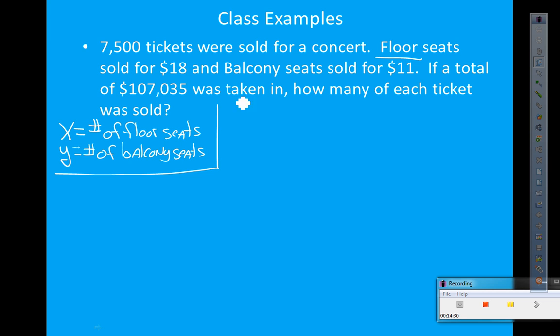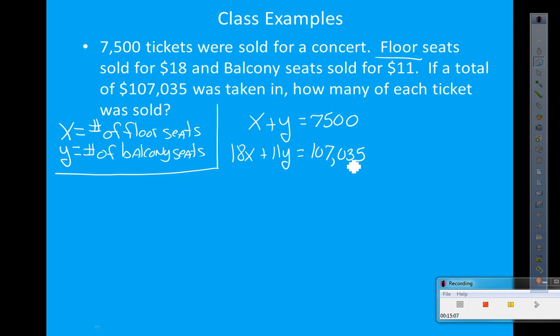Here comes my equation. The number of floor seats plus the number of balcony seats, I know that's a total of 7,500 tickets or seats. Now let me put some money into it. Floor seats cost $18, balcony seats cost $11, and we brought in a total of $107,035. So there's my setup.